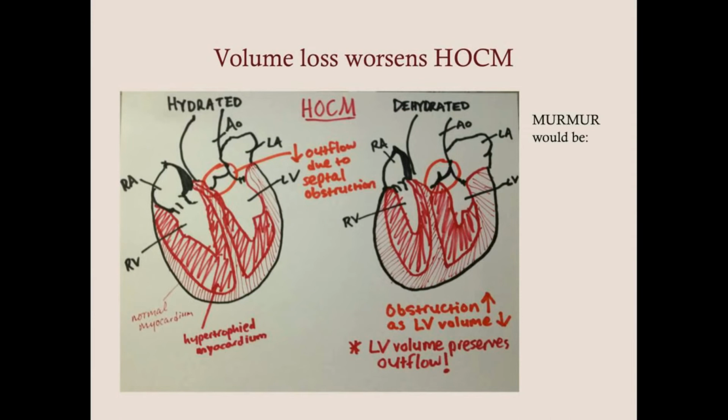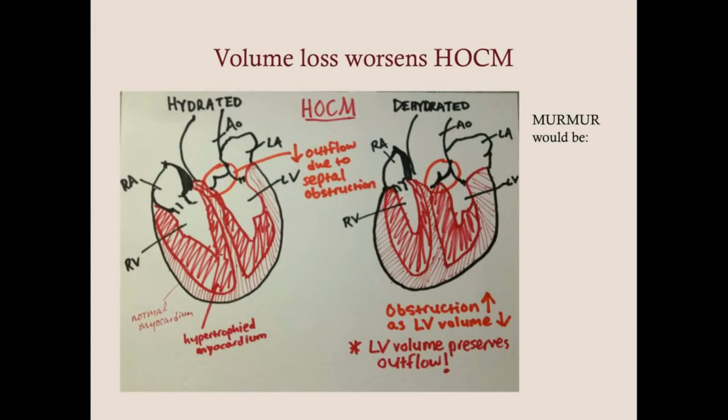And so anything that reduces fluid volume, anything that reduces left ventricular volume, anything that reduces left ventricular filling, so an increase in heart rate, for instance, is going to increase the obstruction at the aortic valve. And so therefore, you're going to have more obstruction and you're going to have more symptoms.